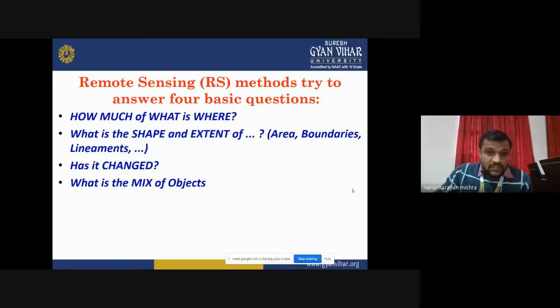Okay, so the remote sensing method tries to answer four basic questions. It is used to answer some basic questions: what kind of feature is there, and what is the extent and shape of the feature. It may be any kind of natural feature or man-made feature, and it can also be used for monitoring the changes over the earth surface.